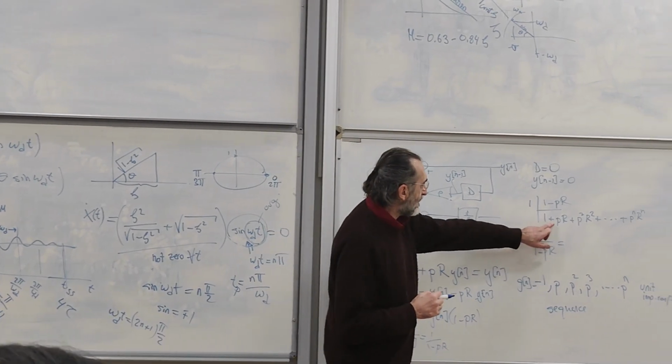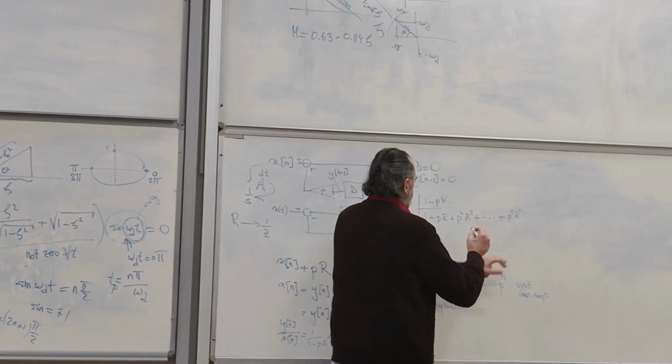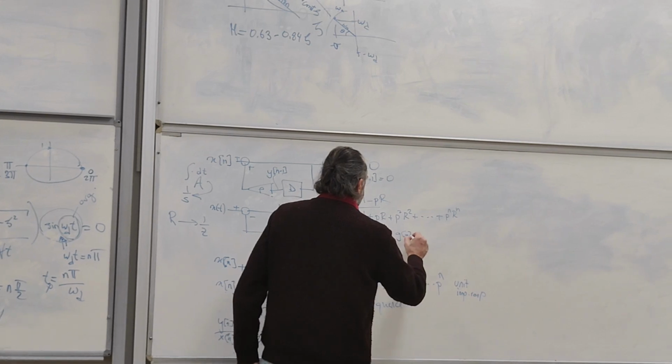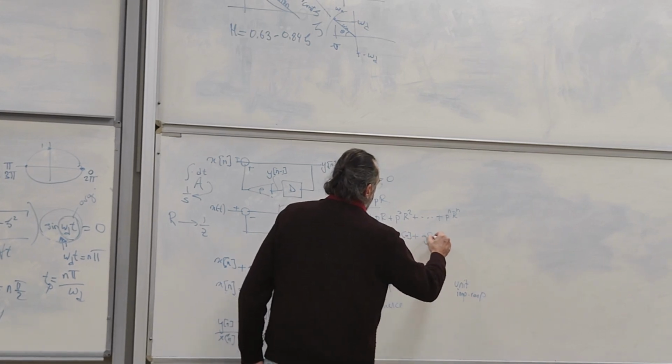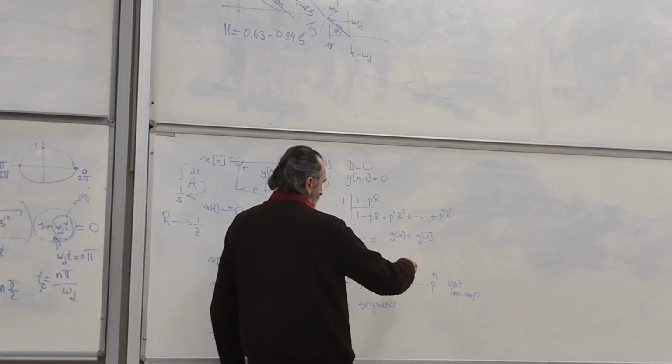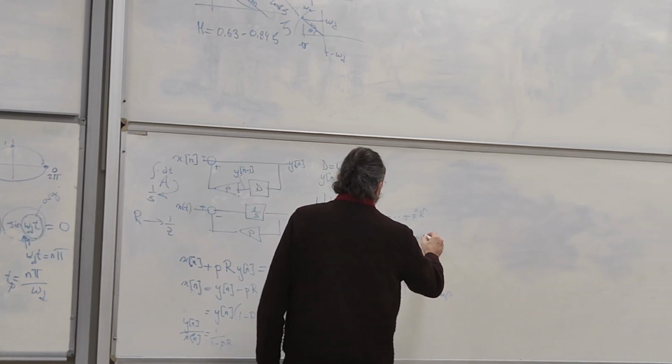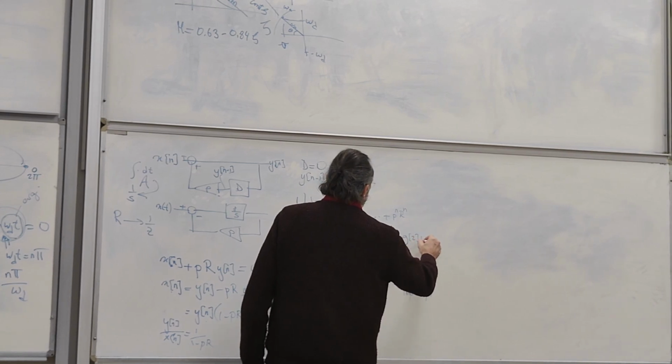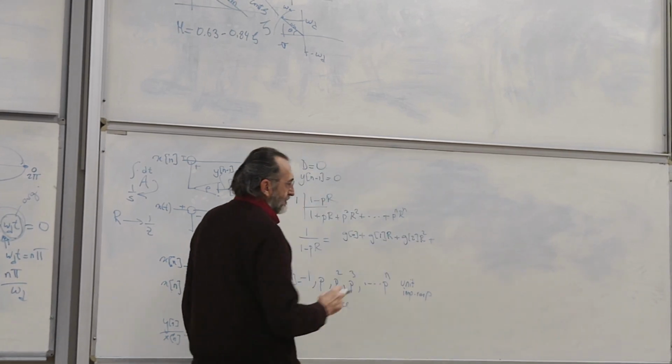And I see that these are g of 0 plus g of 1 times R plus g of 2 times R squared plus whatever.